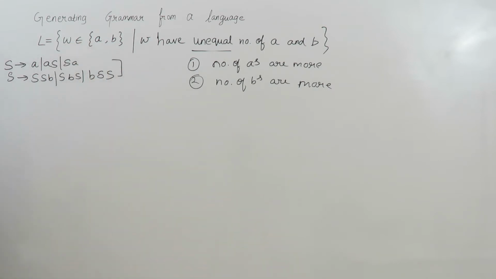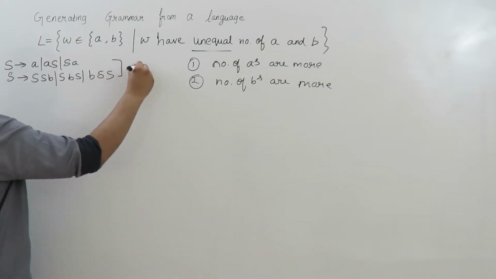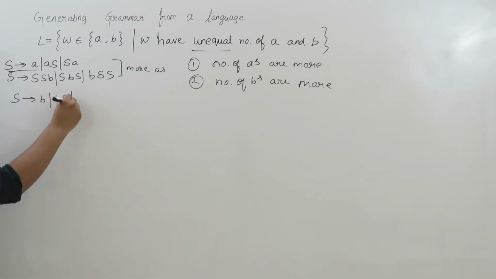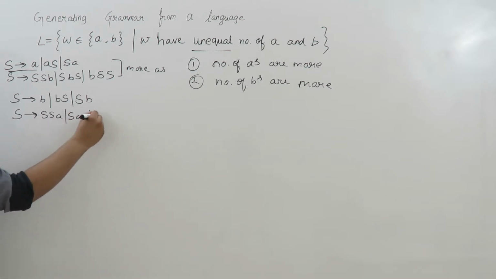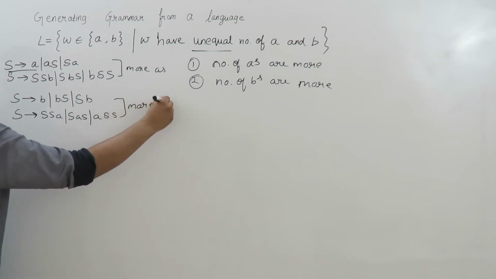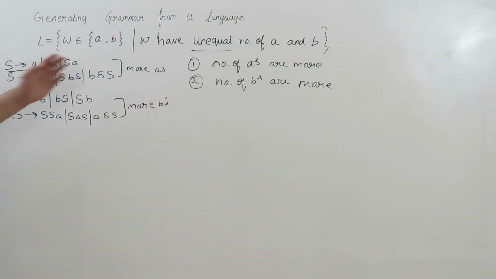These productions were for more A's, because we are terminating on A here. Or the productions were S derives B, BS, SB, such that S derives SSA, SAS, ASS. These productions were for more B's. So this example is a combination of these two. Then only we will get an unequal number of A's and B's.